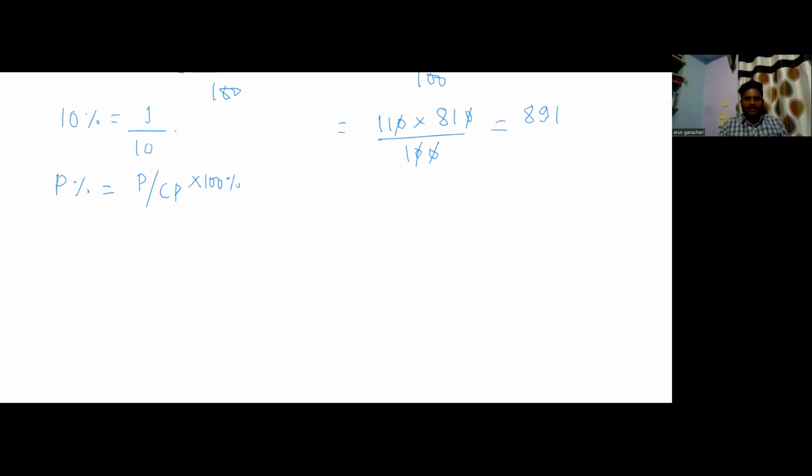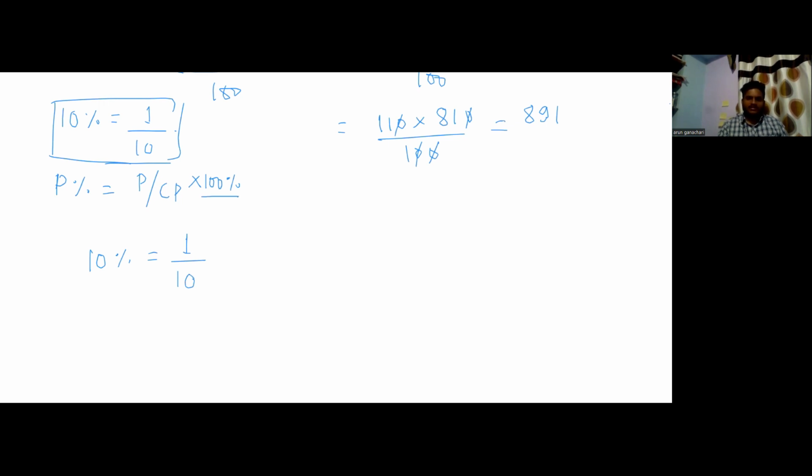If I compare it with the 10% thing, 10% is given like this, and profit upon cost price is given by 1 divided by 10. The 100% will always be there, we'll leave out that part.